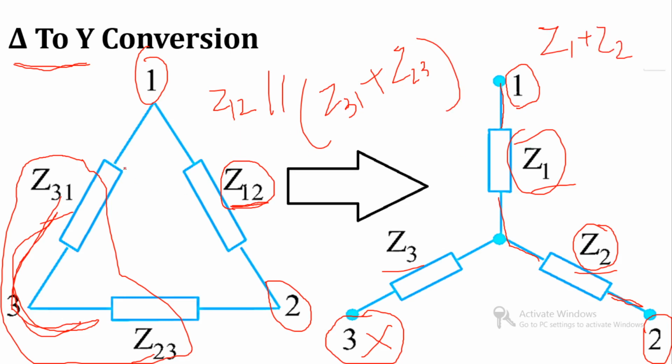If a system is connected in delta and you convert it into a star connected system, then the impedance for terminals 1 and 2 will be like this. For star connection it is equal to Z1 plus Z2. For delta connection it is the parallel connection of Z12 with Z13 plus Z23.